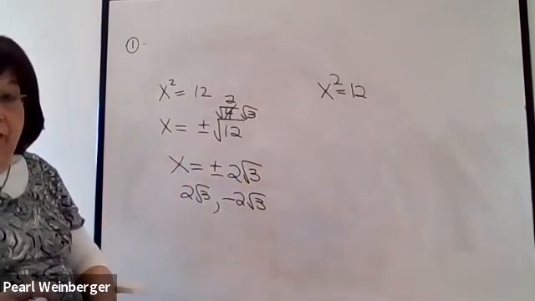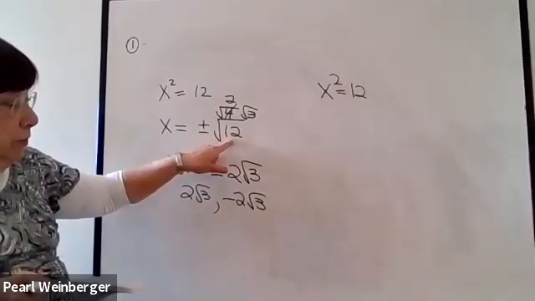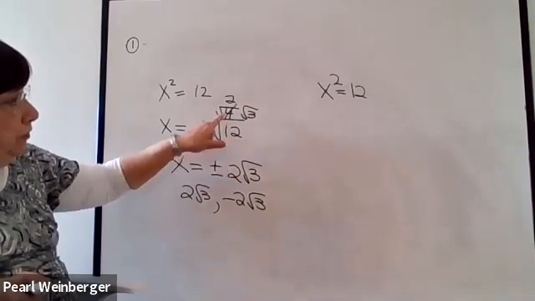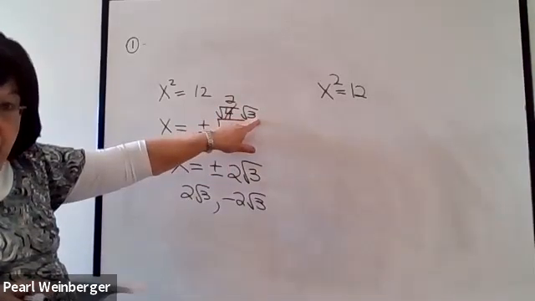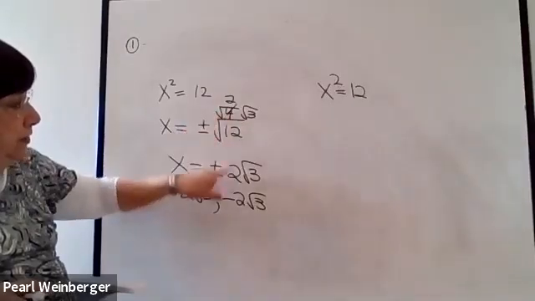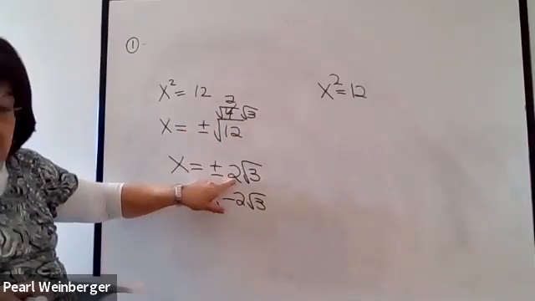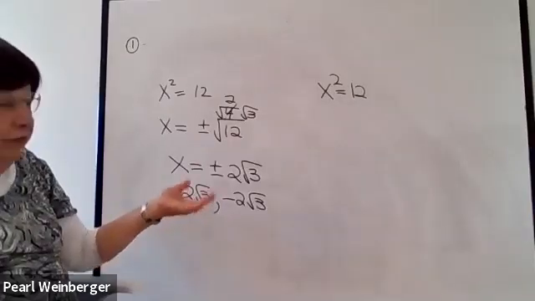Professor, how do you get the 3? From the 12, remember what we did? We broke 12 into 4 and 3. The square root of 4, when we take it, just gave me the 2. That's where the 2 came from. The 3, I can't take the square root of, it's not a perfect square.